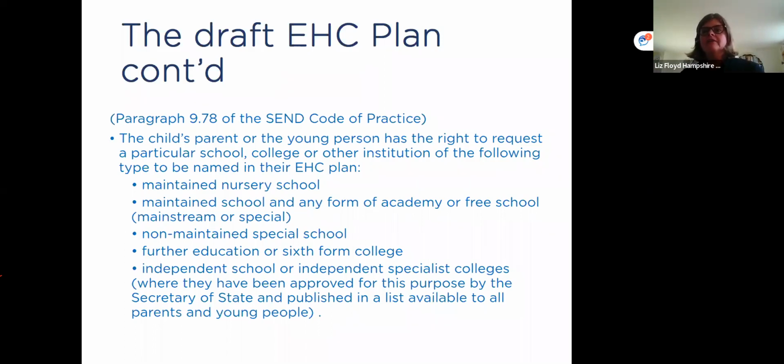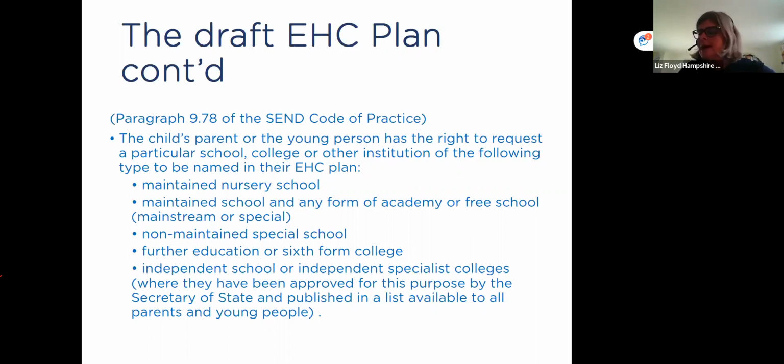And then there is the independent sector, and we do get quite a few inquiries about this, Sarah, as well. Independent schools. You are within your right to name whatever school you want on an EHC plan. That doesn't mean you will get it, but the local authority have to have regard for your wishes.